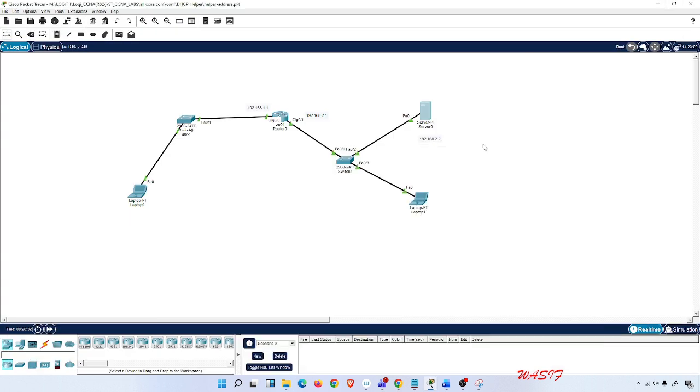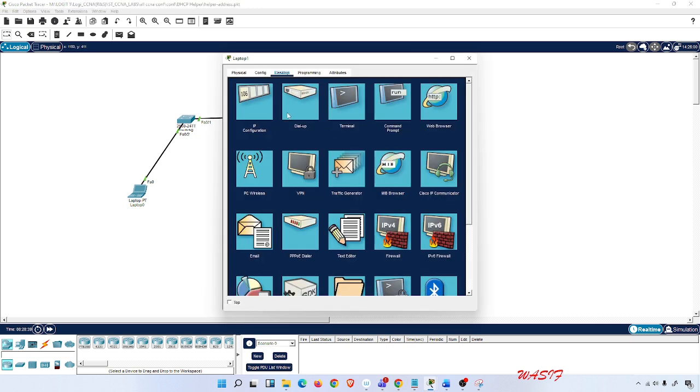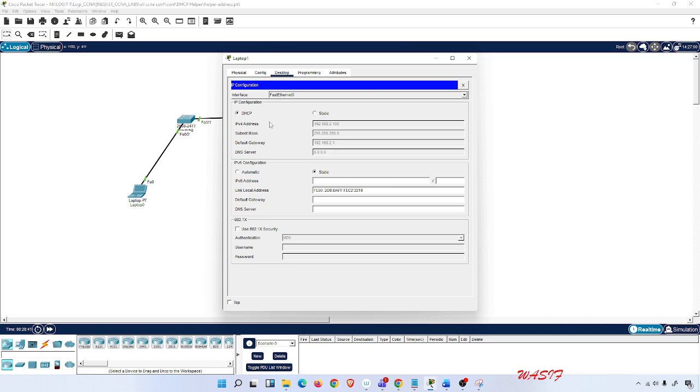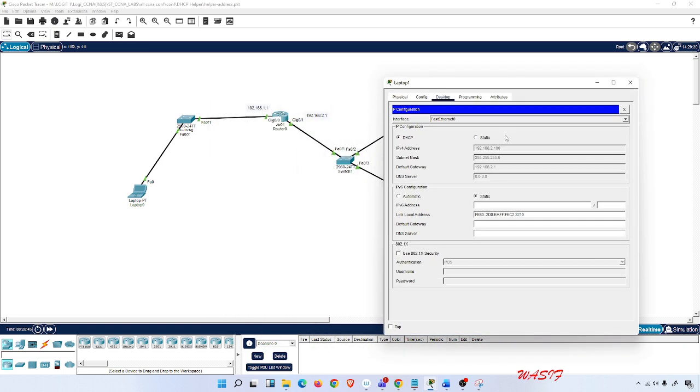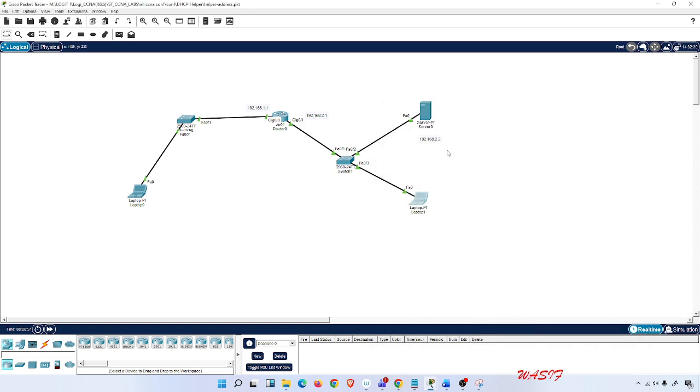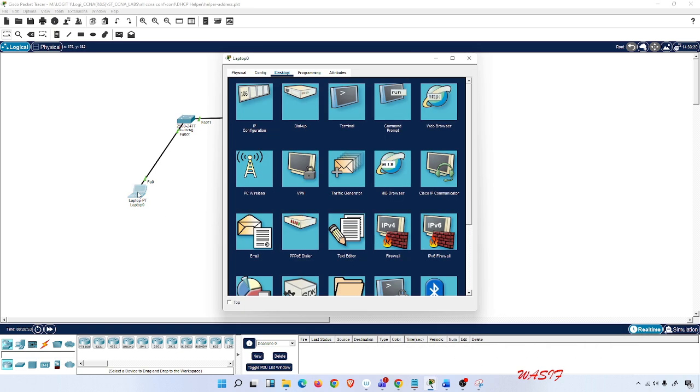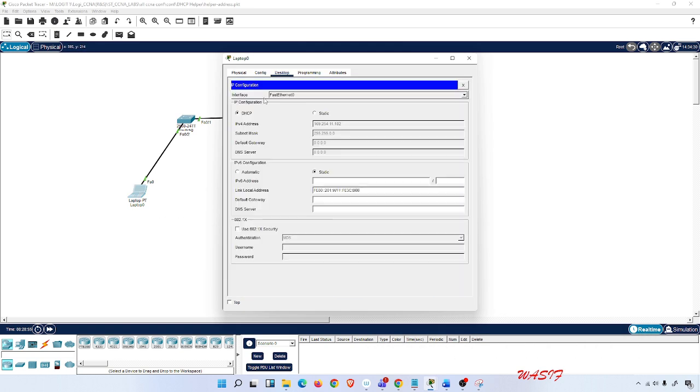There is a computer and there is a server. They both are in the same network. If you look at his IP address, through DHCP he got 2.100 with default gateway 2.1, no problems. This is another client in a different network.